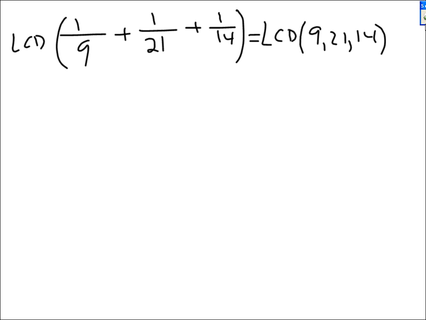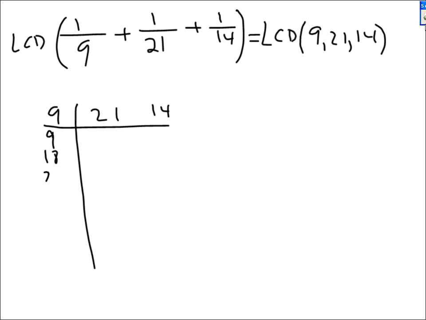Like always, there are two ways of doing this. You can write down the times table. 9 times 1, 9 times 2, 9 times 3, times 4, times 5, times 6, times 7, times 8, times 9.